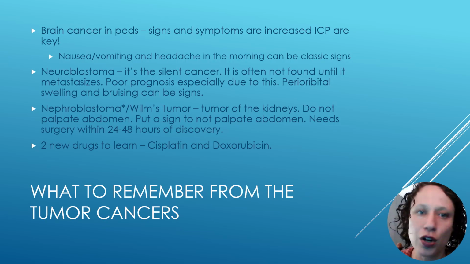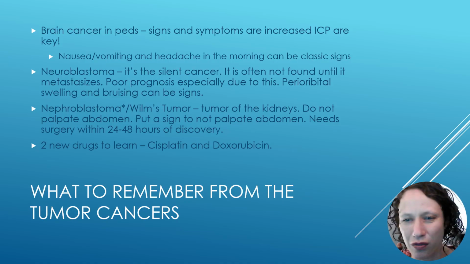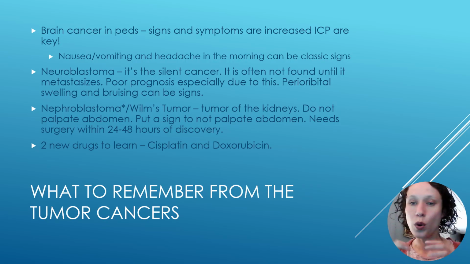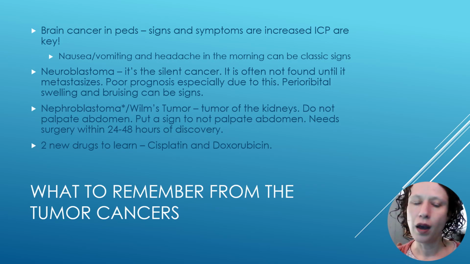The next one, neuroblastoma. It's the silent one. It's the one that oftentimes we don't catch until it's metastasized to another organ, until it's distant away from its original nerve. Neuroblastoma grows on the nerves. That's why you can find it anywhere throughout the body. That's why its effects are very hard to describe.